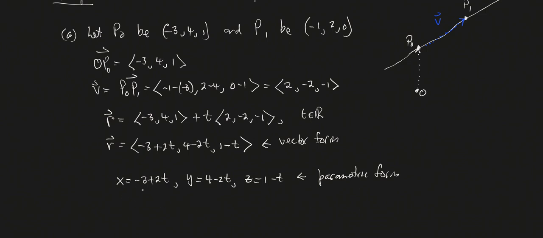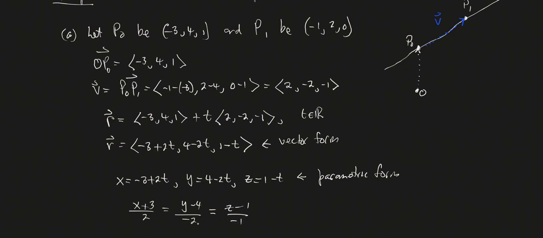So solving this for t, I'll get (x + 3)/2, and that has to be equal to the t from the middle equation, which is (y - 4)/(-2), which also has to be equal, and that's the symmetric part, to the t from the third equation, which in this case is (z - 1)/(-1).